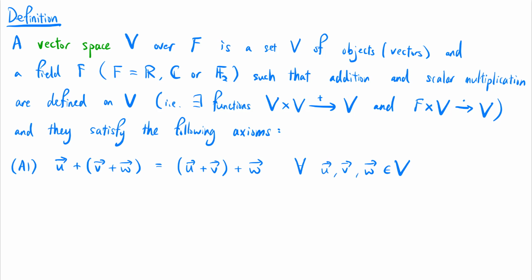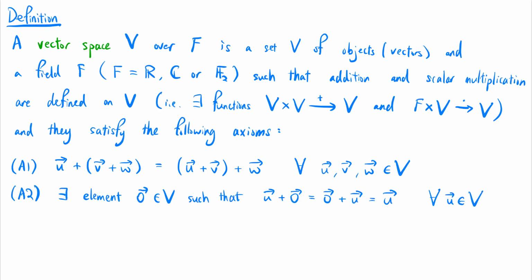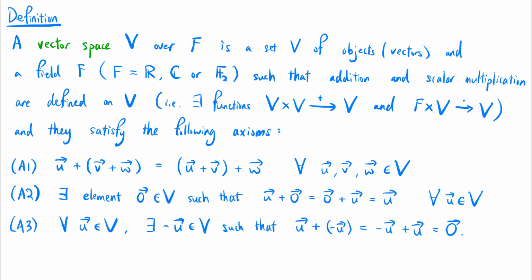A1, u plus (v plus w) equals (u plus v) plus w for all u, v, and w in V. This means that addition in V is associative. A2, there exists an element 0 in V such that u plus 0 equals 0 plus u equals u for all u in V. This means that there is an additive identity in V. A3, for all u in V, there exists negative u in V such that u plus negative u equals negative u plus u equals 0.